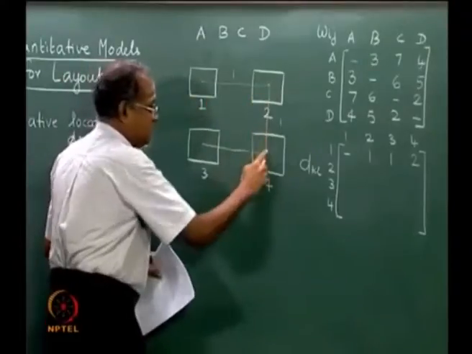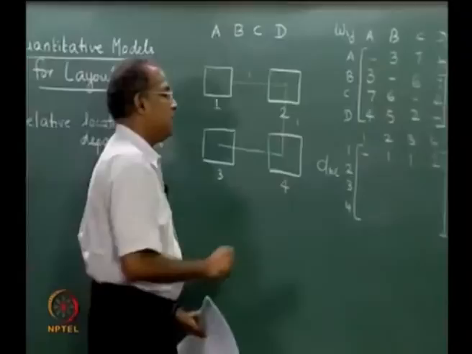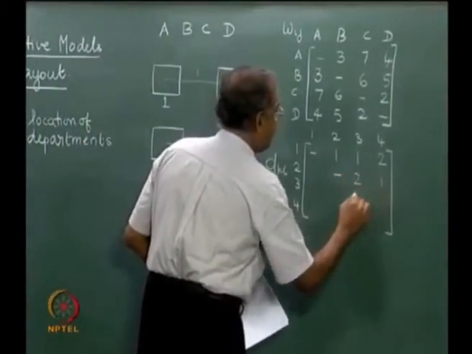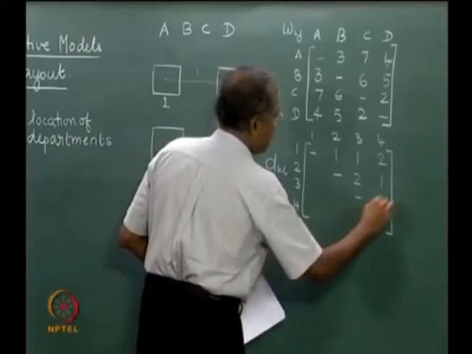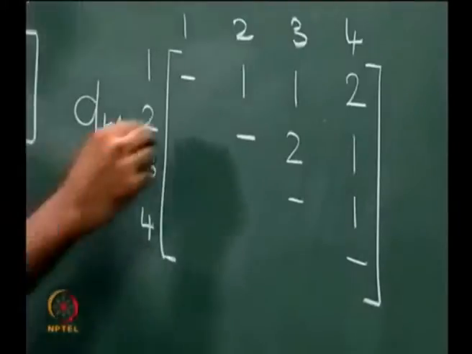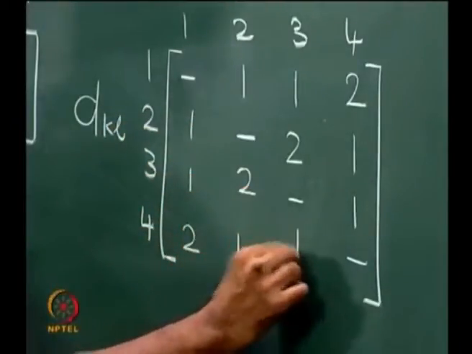So, this plus this, we do not take the crow flying or Euclidean distance. 2 to 3 is 2, 2 to 4 is 1 and 3 to 4 is also 1. So, obviously this one is also symmetric.